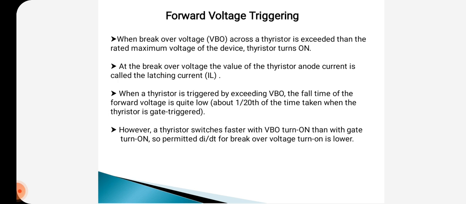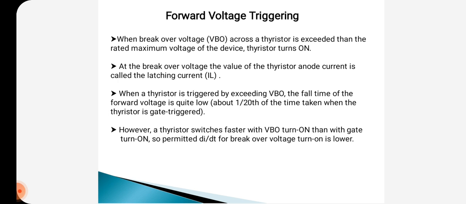At this stage, the SCR turns into conduction mode and a large current flows through it with a low voltage drop. During the turn-on state, the forward voltage drop across the SCR is in the range of 1 to 1.5 volt, and this may increase with the load current.